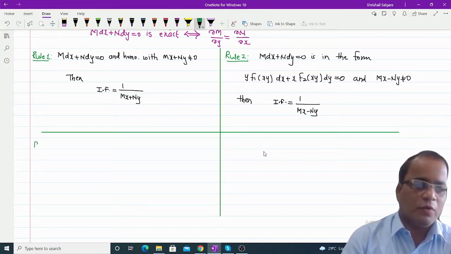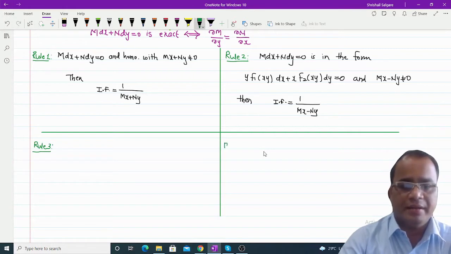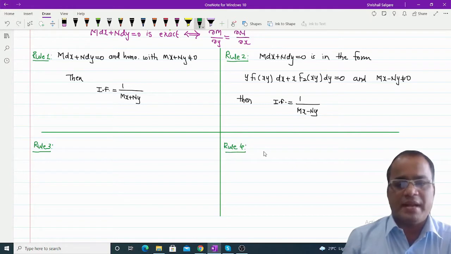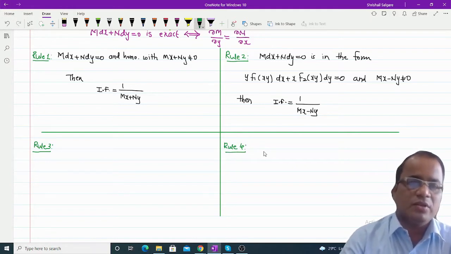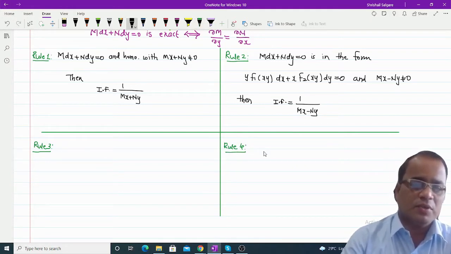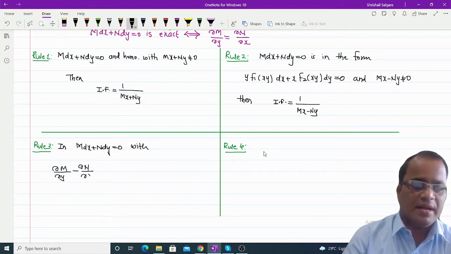Now rule number 3 and rule number 4 are related. When you are going for rule 3 or rule 4, by trial and error method you have to decide. In rule 3, suppose the equation is M dx plus N dy equal to 0 with the numerator ∂M/∂y minus ∂N/∂x. What should I take in the denominator?